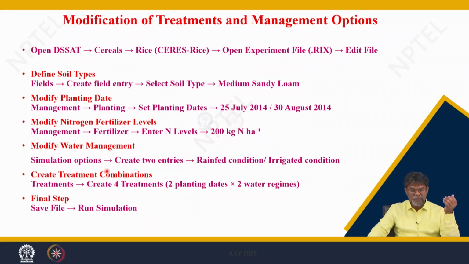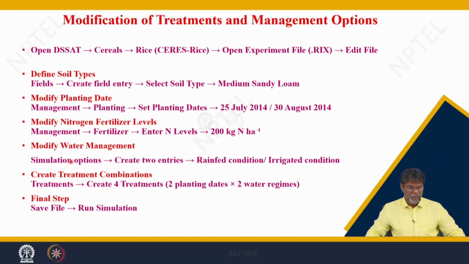Go to simulation options and create two entries here. One is for the rainfed condition, level 1, and then go for level 2. For rainfed condition level 1, go to irrigation water management in the lower portion and mention not irrigated. Then go to level 2, the irrigated condition, and in that water management give automatic irrigation. Accordingly, you have to change the simulation options file. I already explained how to do this in the data inputs, particularly the experimental management data inputs.